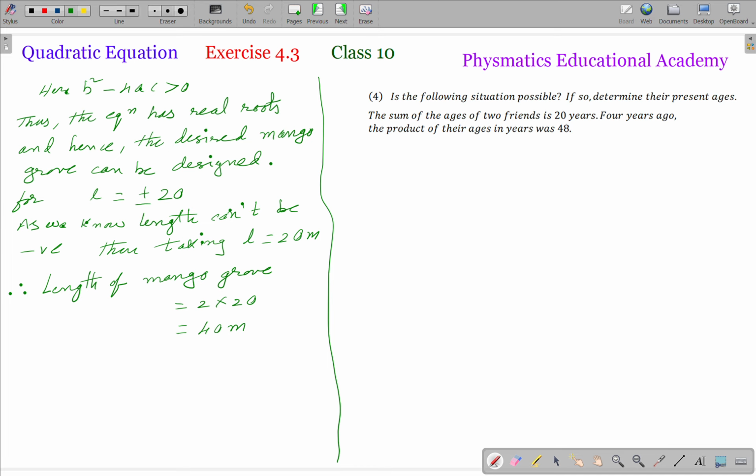The sum of the ages of two friends is 20 years. 4 years ago, the product of their ages in years was 48. This is question number 4 under exercise 4.3.